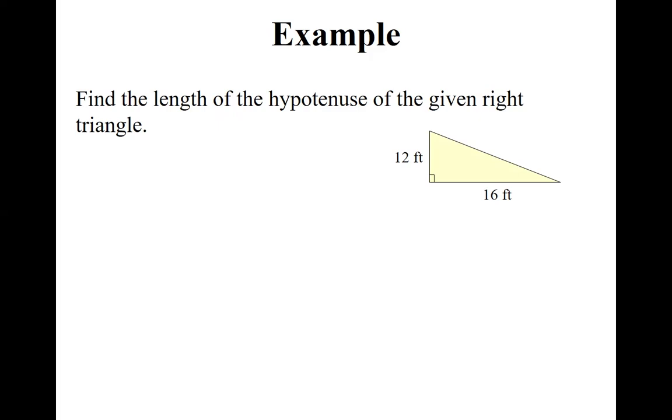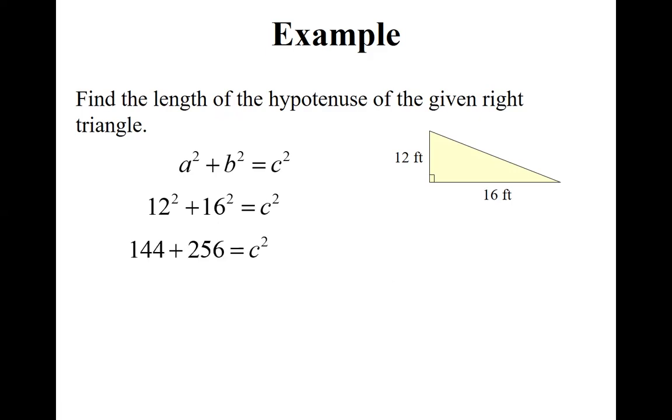So here we want to find the length of the hypotenuse of the given right triangle. We know the lengths of the legs are 12 and 16. We don't know the length of the hypotenuse. So for a squared plus b squared equals c squared, we would have 12 squared plus 16 squared equals c squared. 12 squared is 12 times 12, that's 144. 16 squared, we have to do 16 times 16 and get 256.